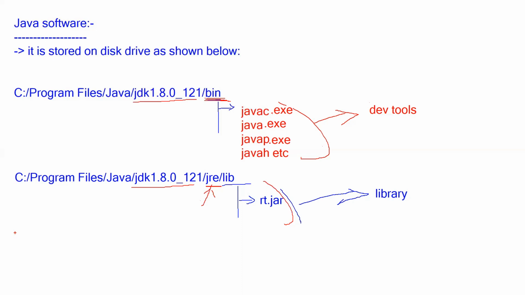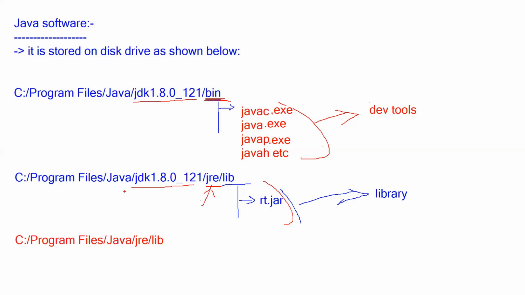While installing Java software, it will request you to install the public JRE also, which you can install. It will be installed as shown here.